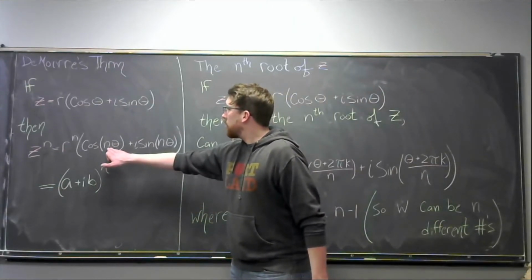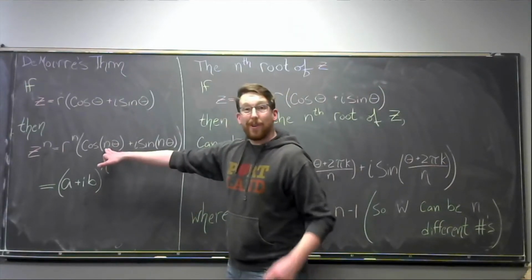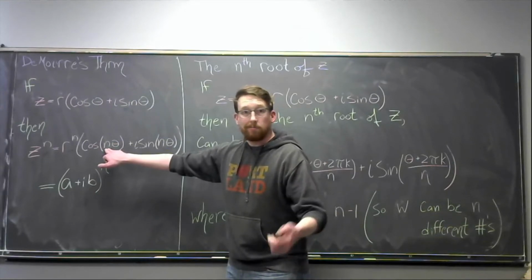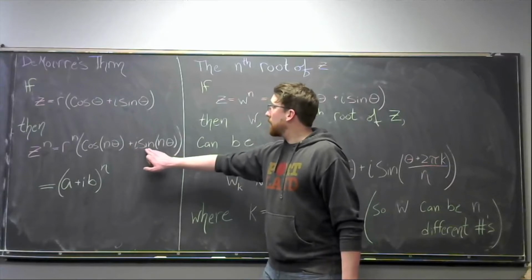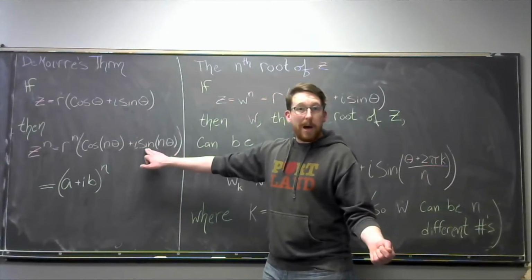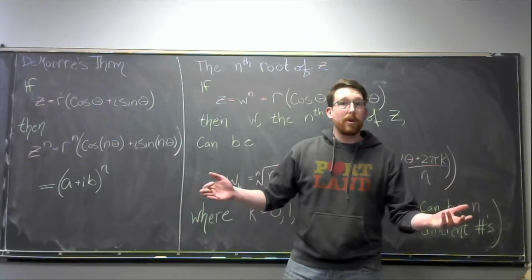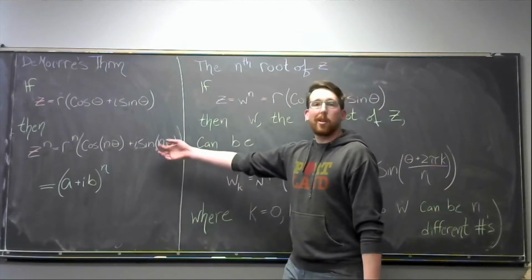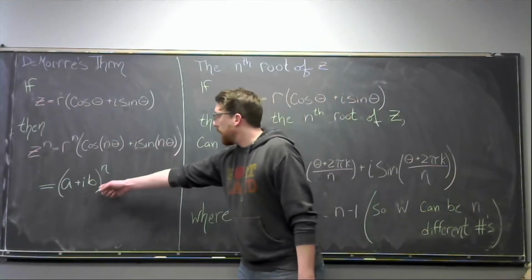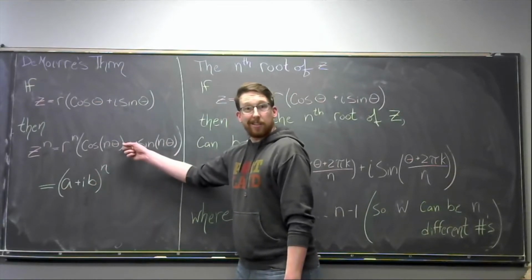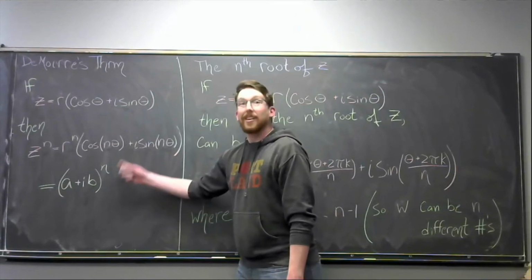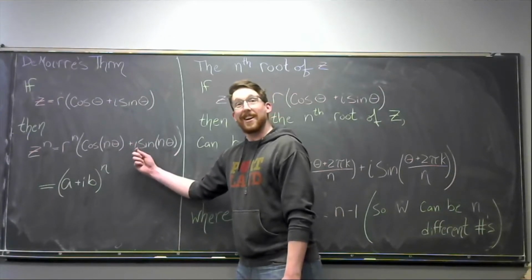Then, take cosine of that power times your angle, 20 times your angle, plus I times the sine of that power times your angle, so again, 20 times your angle. That's going to be a lot easier to calculate than multiplying this by itself 20 times. That's going to suck. This is nice.